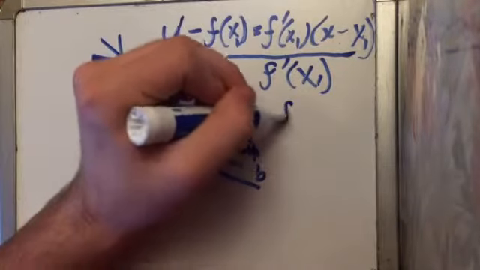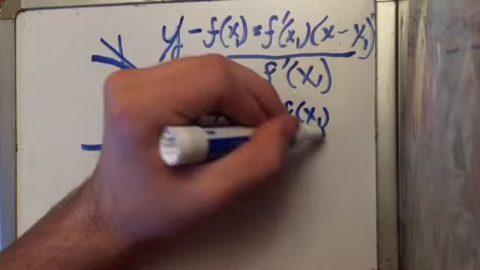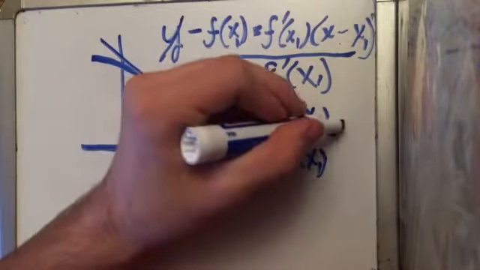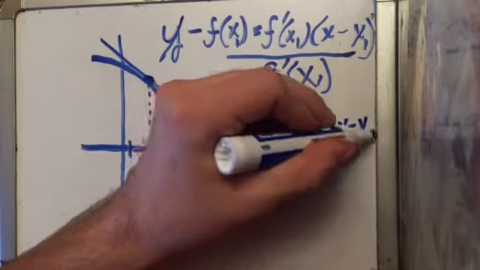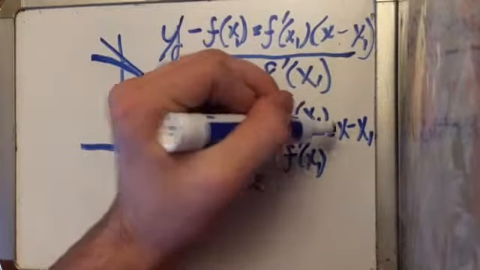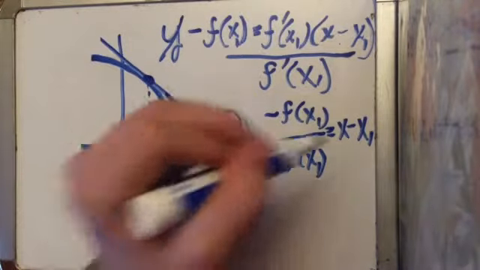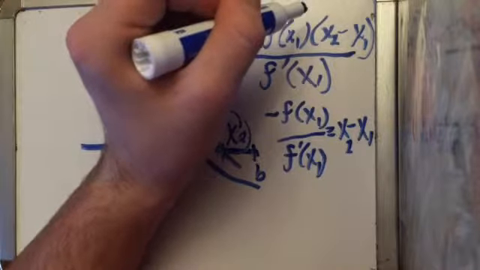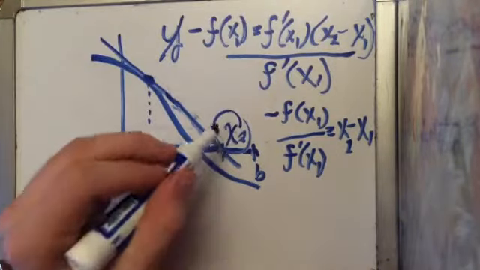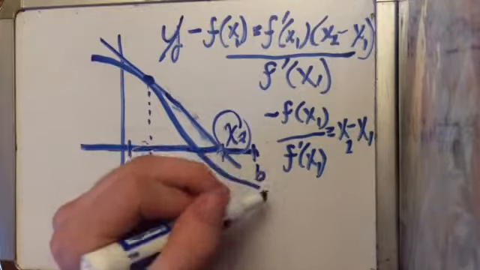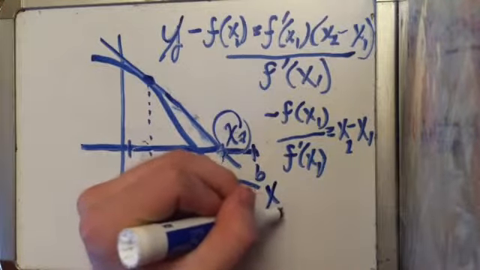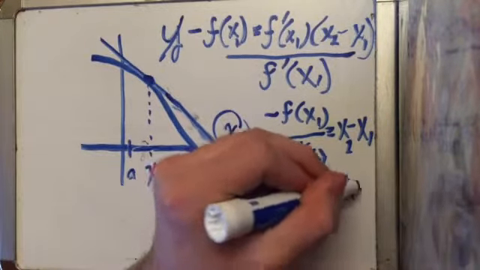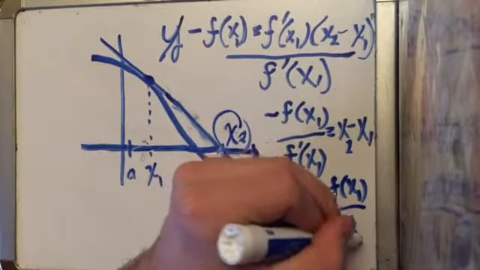So we have negative f of x1 over f prime of x1 equals x minus x1. And so solving for x, or sorry, this should be x2, my bad, solving for x2, we get x2 equals x1 minus f of x1 over f prime of x1.